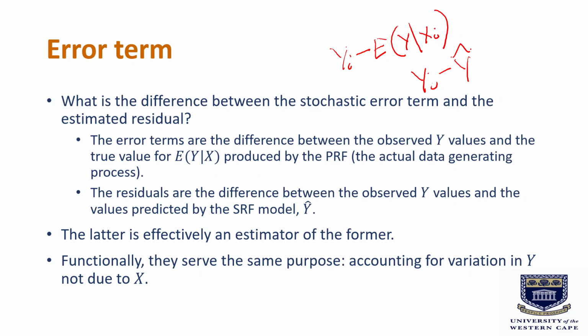So recall that this thing is simply an estimate of that thing over there. But in both instances, in principle, this residual and this error term are accounting for the variation in y that is not due to x.